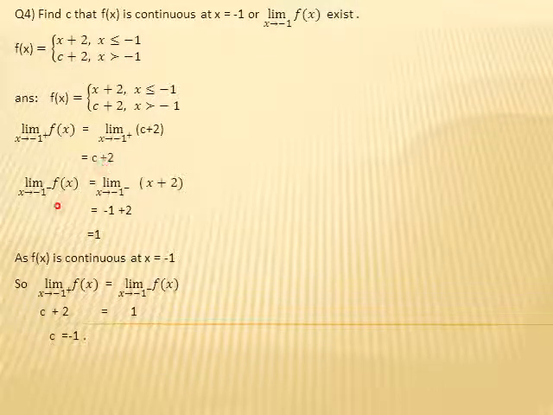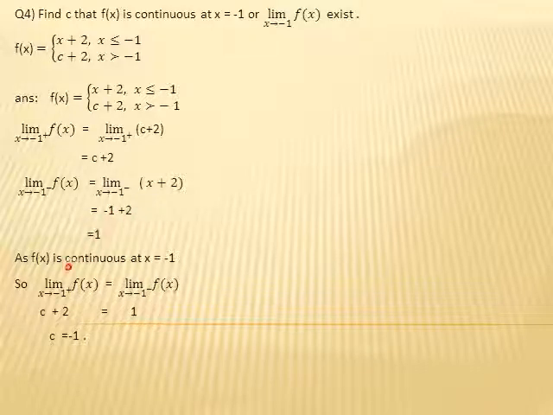And for the left hand limit we can use this function x plus 2. So we can put minus 1 here because x approaches minus 1, so minus 1 plus 2 is equal to 1.